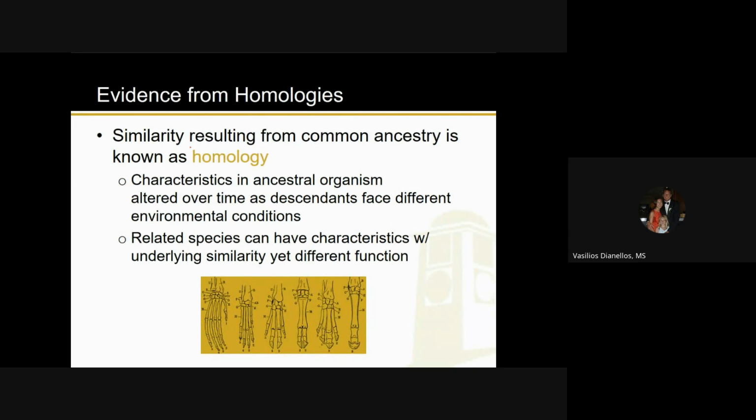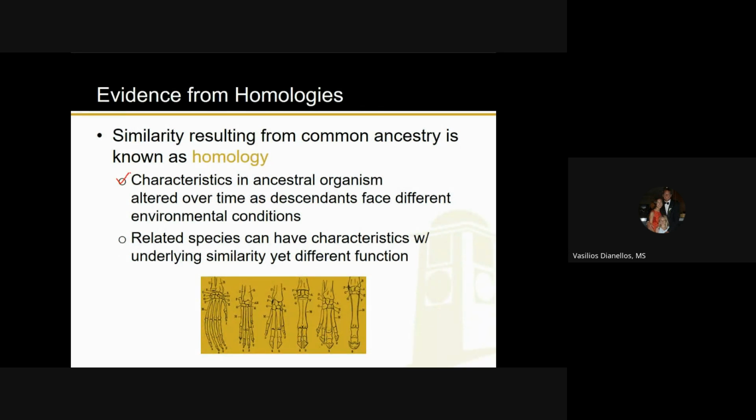Even the fact that we have bilateral symmetry, meaning, I don't have time to get into it. Let's just stick to what the book says. Anyway, characteristics in ancestral organisms that have altered over time as descendants face different environmental conditions, right? So the same concepts we were talking about earlier. You have the ancestor. As time goes on, things change in the environment.